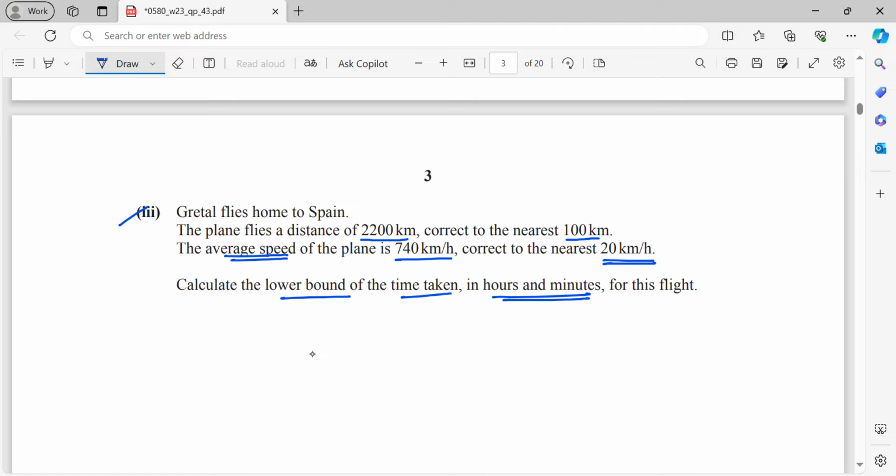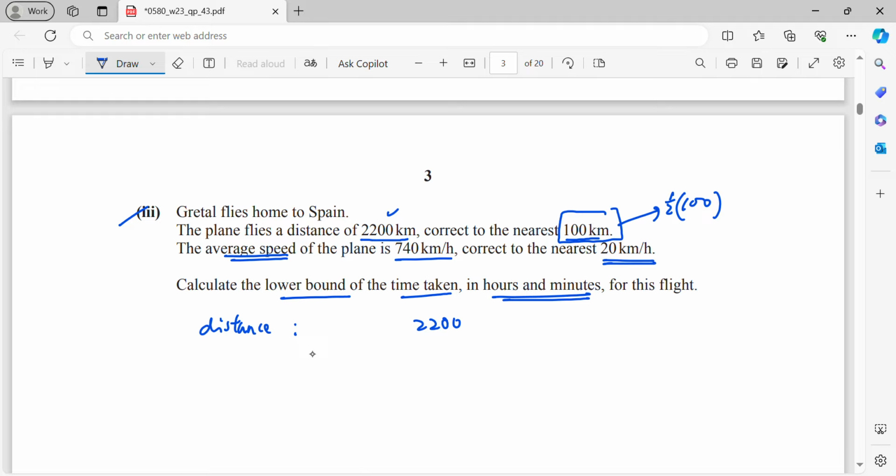Okay, so for your information, for the distance itself, now I need to consider the lower bound and upper bound for the distance. So it is 2,200 kilometers, but this is nearest 100 kilometer. So from here, you times half to get the lower bound or upper bound.